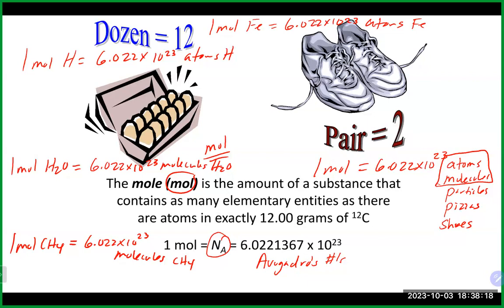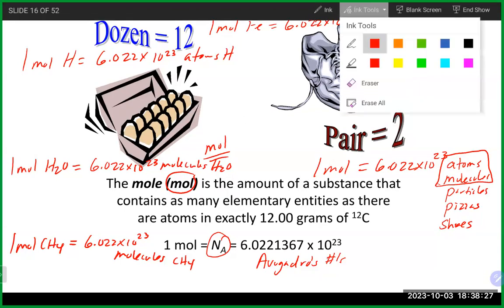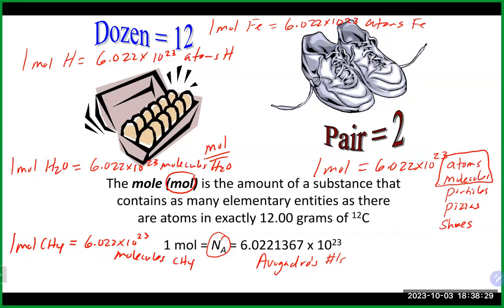So really, from any of these, you could write 2 conversion factors that you could use. For example, here you could say 1 mole of hydrogen would have 6.022 times 10 to the 23 atoms.